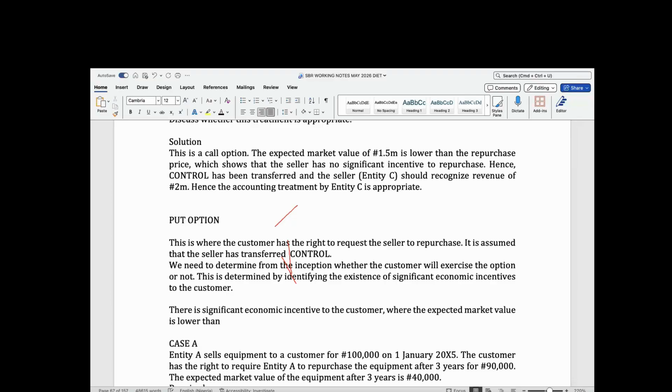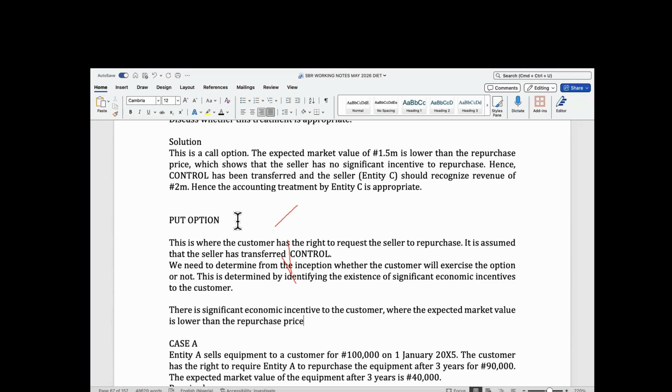Where the market value is lower, it will pay him, since I'm collecting more money than the market.